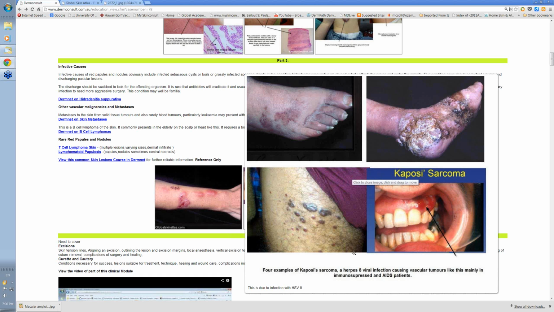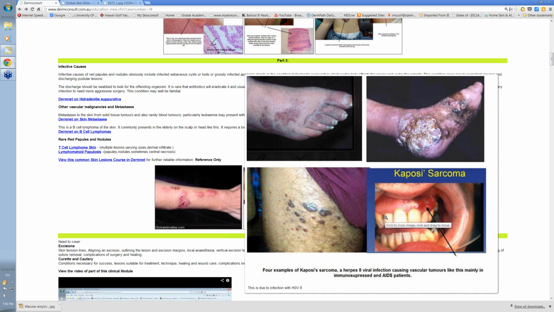Remember, this is due to one of the herpes viruses, probably herpes virus 8, and it really relates to your number of T cells, how immunocompetent you are. If your immunocompetence goes off, then this thing will come up. If your immunocompetence comes back because you're perhaps on highly active antiretroviral therapy, then sometimes these Kaposi's lesions will completely disappear.